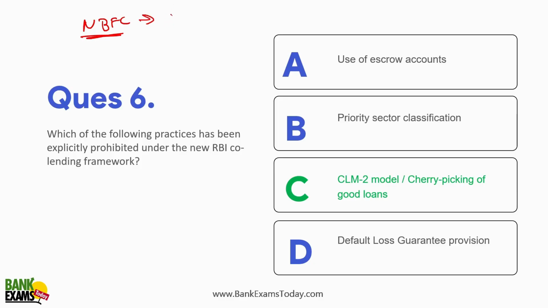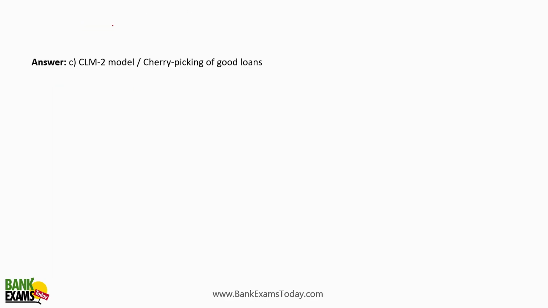There are certain borrowers whose CIBIL is 750 plus, and there are borrowers whose CIBIL is around 500, 550, right? So the banks cannot do cherry picking. They cannot pick only the good loans. If HDFC Bank comes to this NBFC and buys only the good loans, it is prohibited. The CLM2 model is prohibited. Cherry picking of good loans is prohibited.